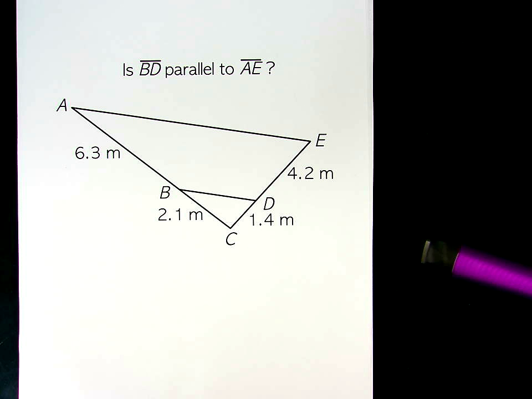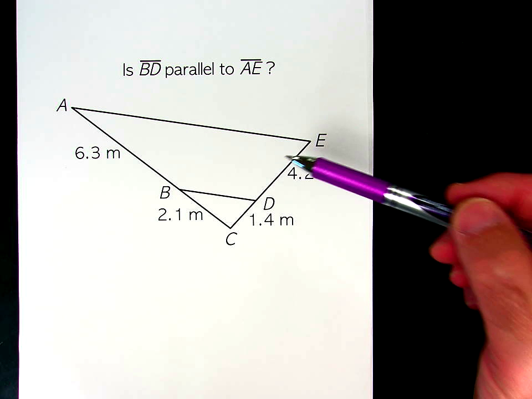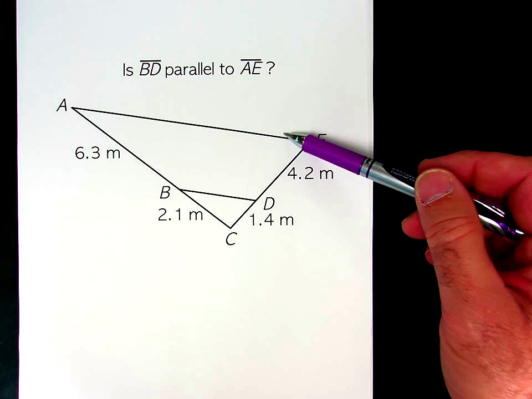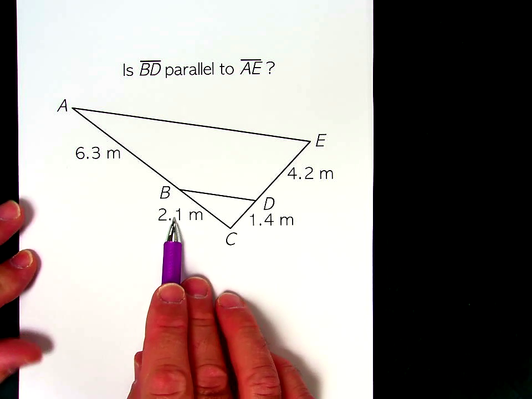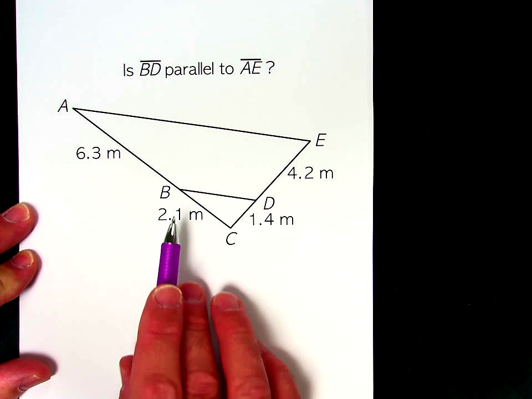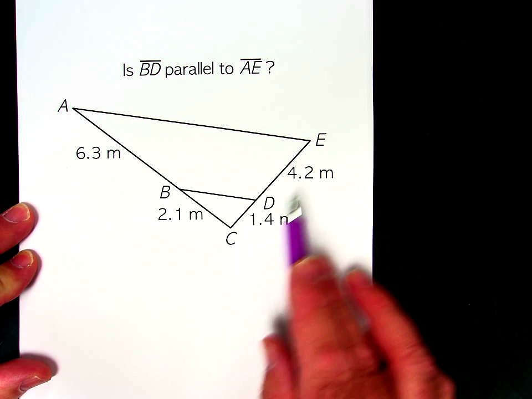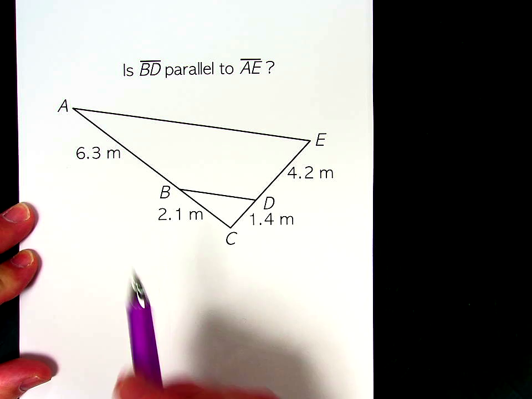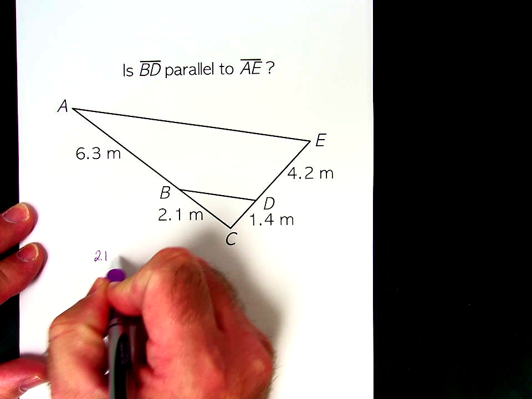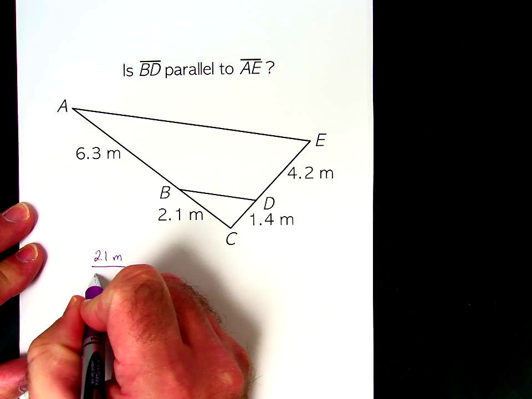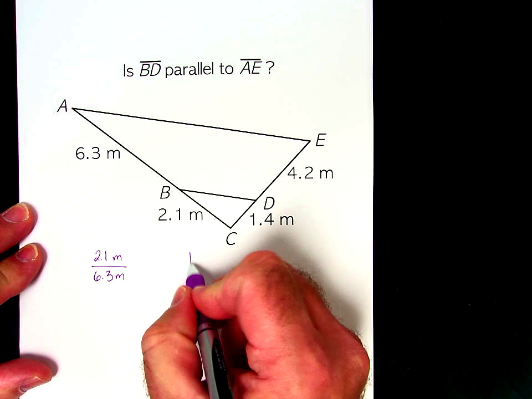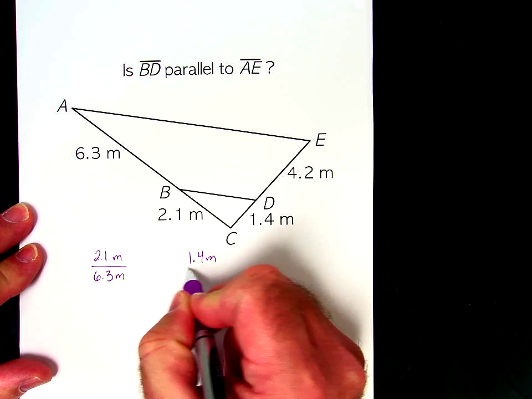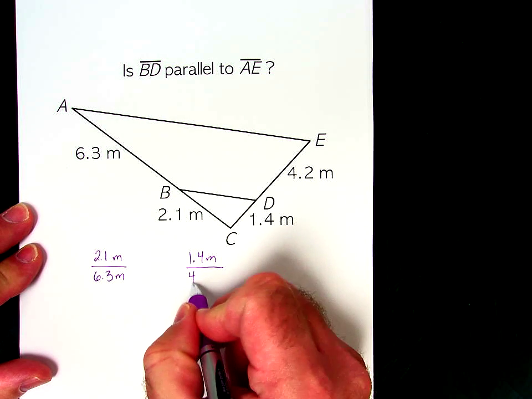The converse says if the lengths are proportional, then this segment is parallel to this segment. So what I'm going to do is set up a ratio of these. So 2.1 meters to 6.3 meters and 1.4 meters to 4.2 meters.